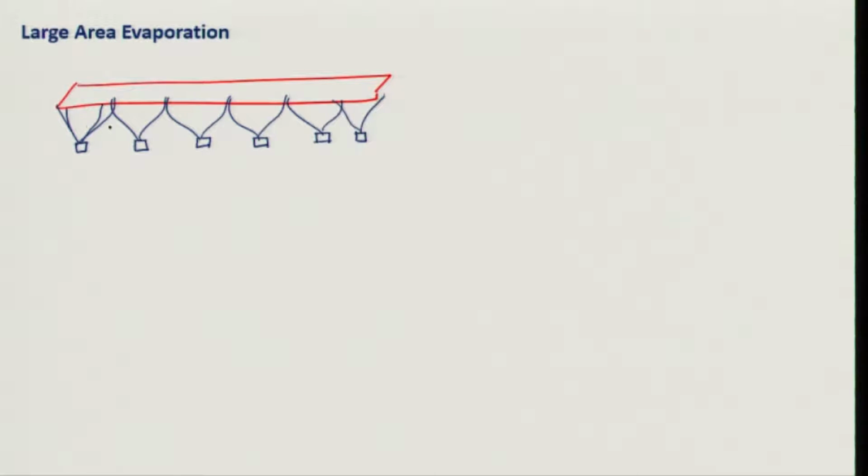And this overlap and the distance between the two sources can be adjusted such that this overlap and this area, when calculated and added up, give you a uniform deposition. So, that is one way of doing large area deposition using thermal evaporation.